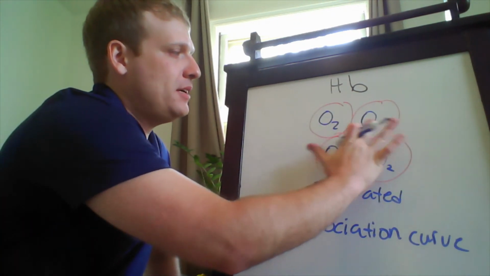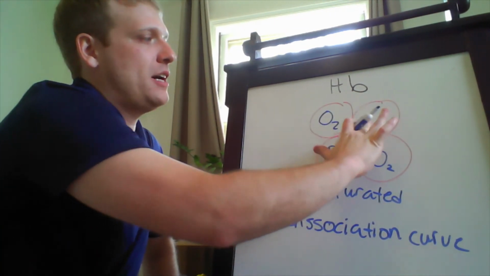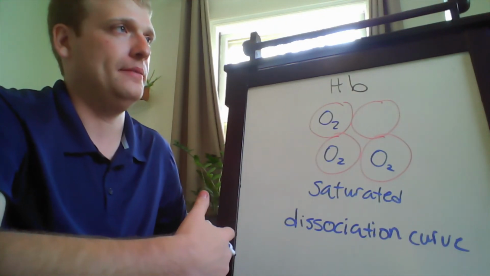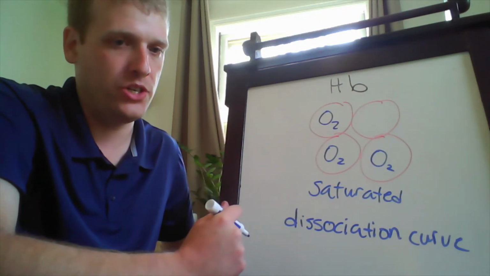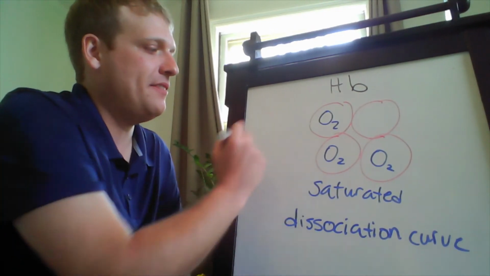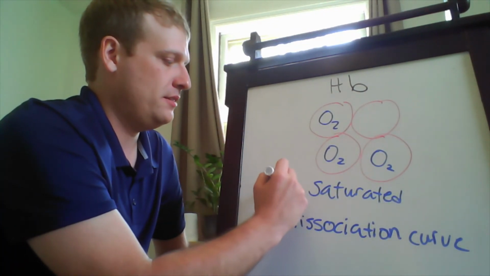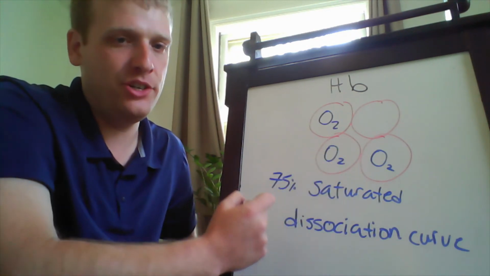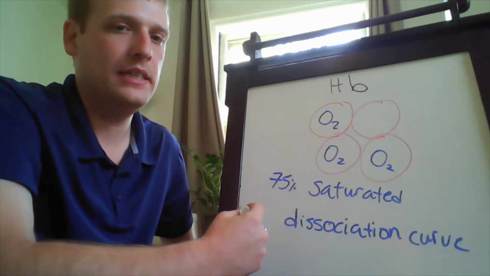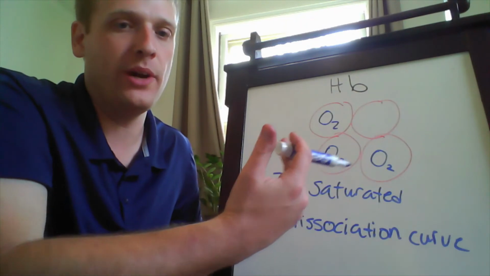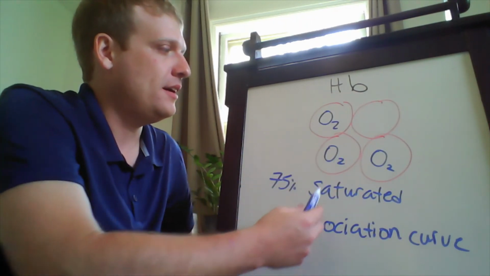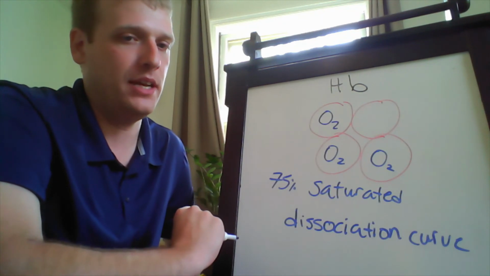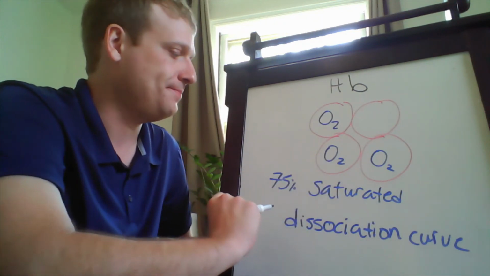So typically in the blood, the partial pressure of oxygen in the arterial circulation is going to be about 75% saturated. Meaning for the average hemoglobin molecule that's coming from the heart going out to the tissues, on average they're going to have about 3 molecules, so it's going to be 75% saturated with oxygen.